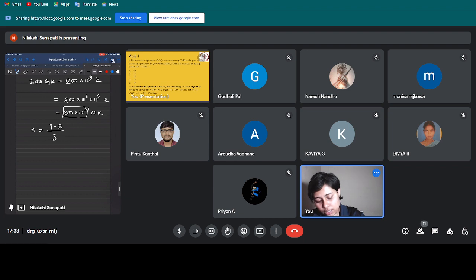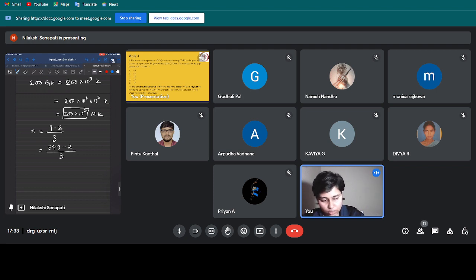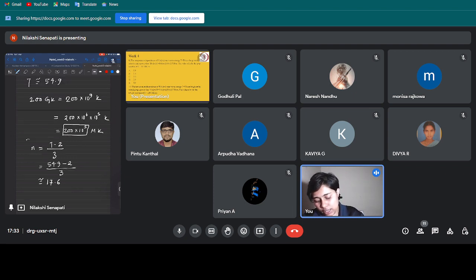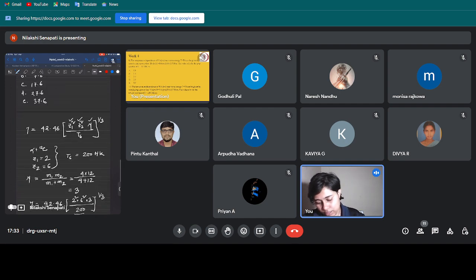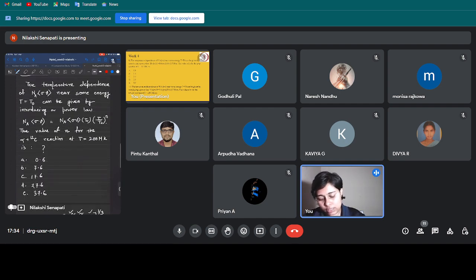If you now calculate 54.9 to the power minus 2 by 3, that is nearly 17.6. So this is the n value that you need to calculate here, that was given in the question.